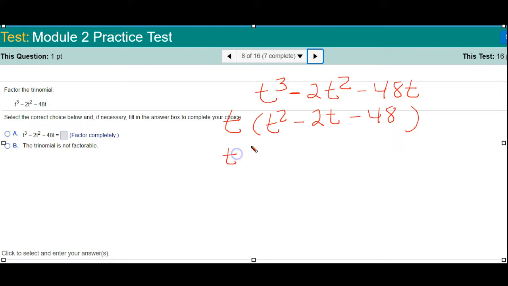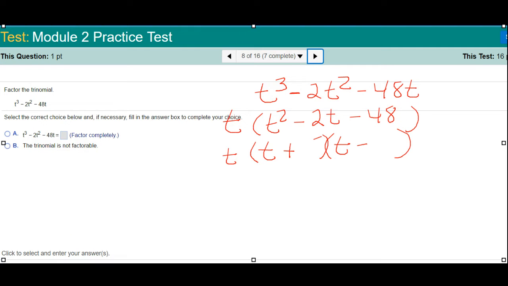So we then put two sets of parentheses. We're going to put a t there and a t there. Now notice your third sign here is negative. So one of these must be positive and one of them must be negative. And we'll let you do this last part.